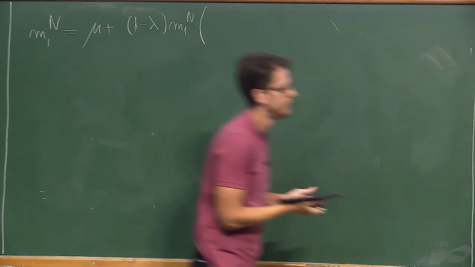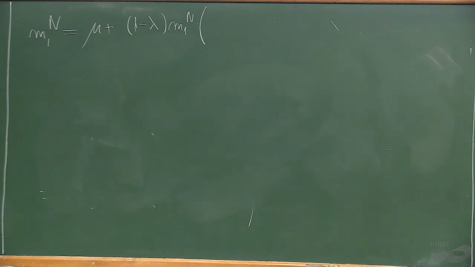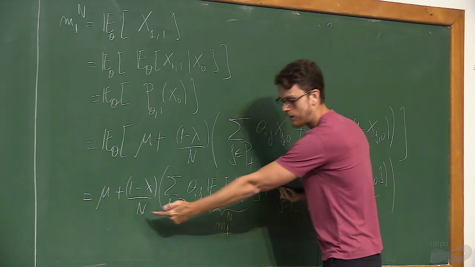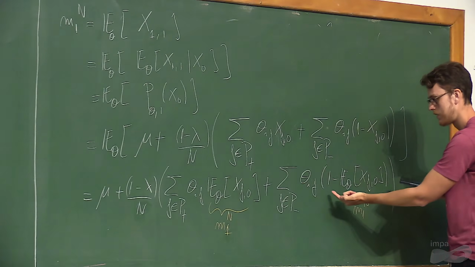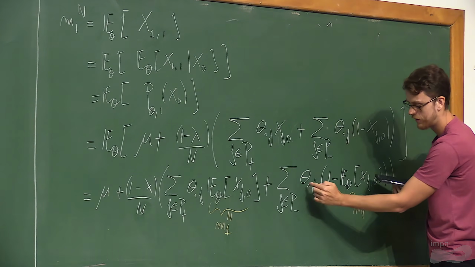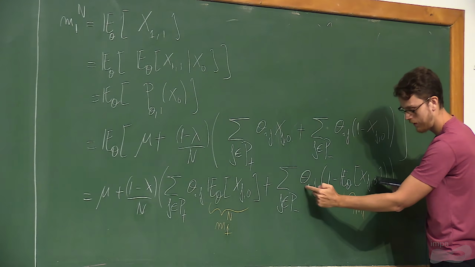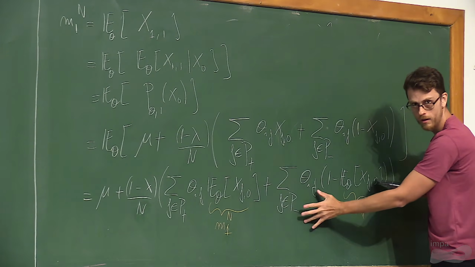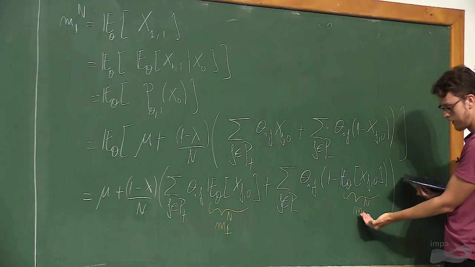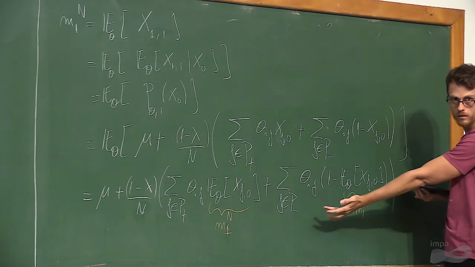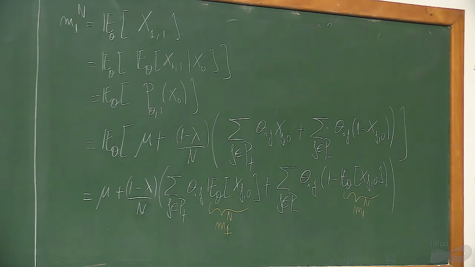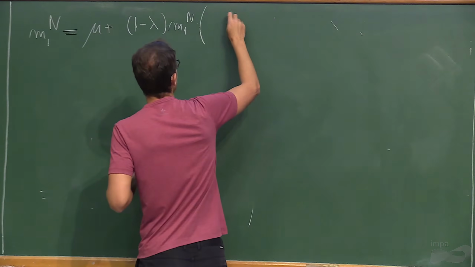And then you agree with me that I have a sum over theta ij, sum over j, divided by n, and something similar here with m1 in front. Right, so let me just write it this way.